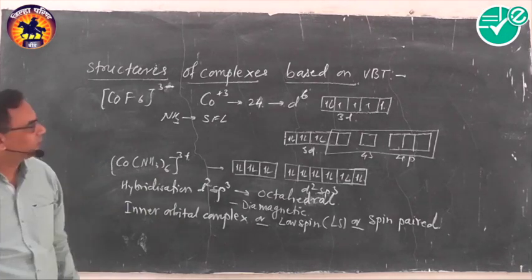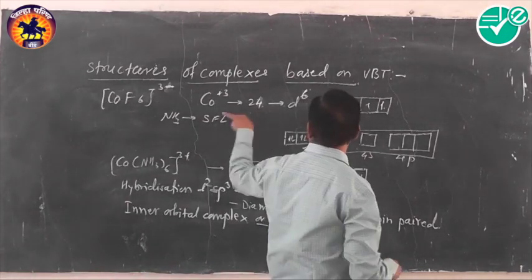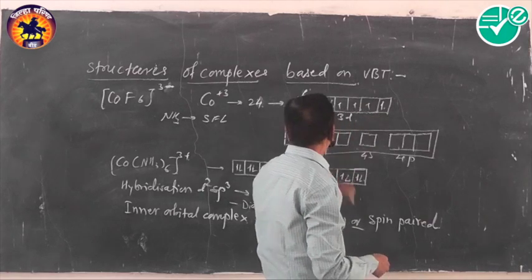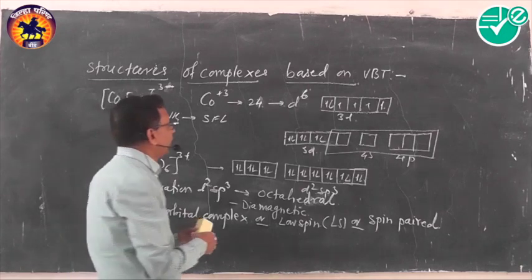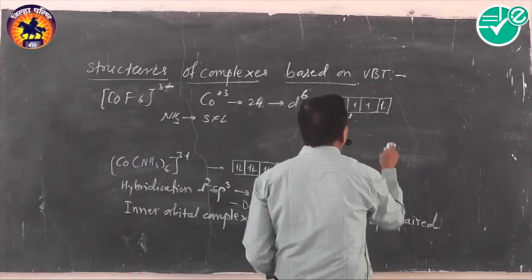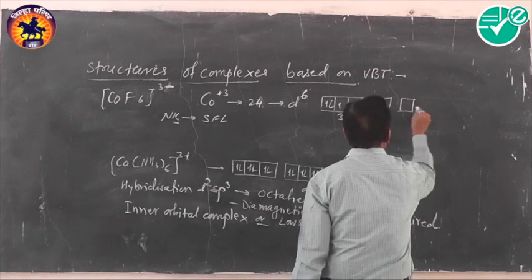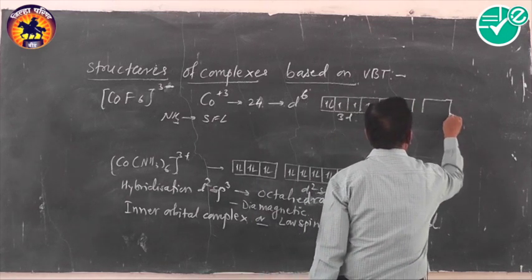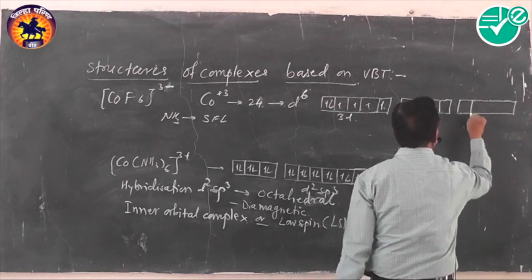This is the orbital picture of this Co3+. It has 4 unpaired electrons. Now in this case, these 4 unpaired electrons remain as they are, and then the s, p and d orbitals.